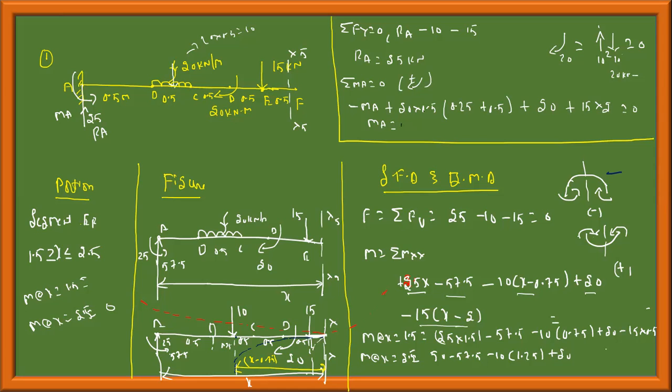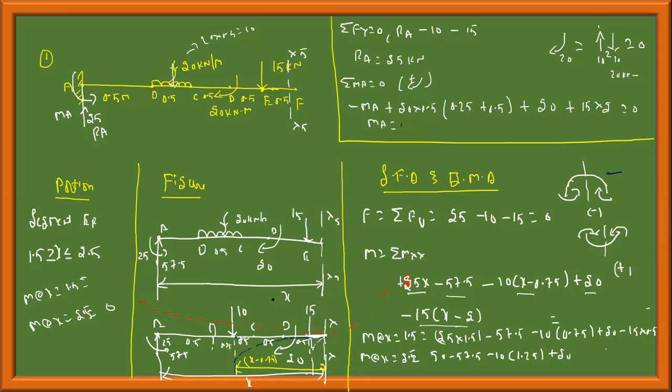Give me a moment. X equal to 1.5. 25x is positive, minus 57.5, minus 10 into x minus 0.75, plus 20, minus 15 into x minus 2.